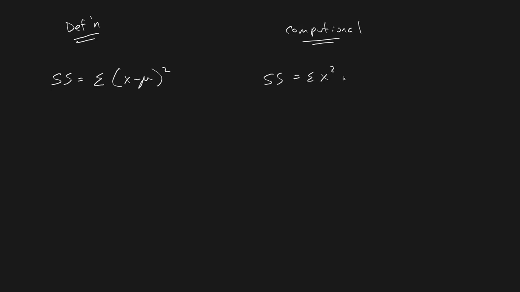The definitional formula is sum of squares equals the sum of the squared deviations from the mean, and the computational is sum of squares equals the sum of x squared minus the sum of x in brackets squared over n. These two formulas will always produce the same result.